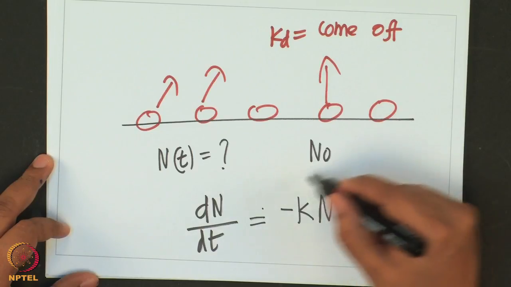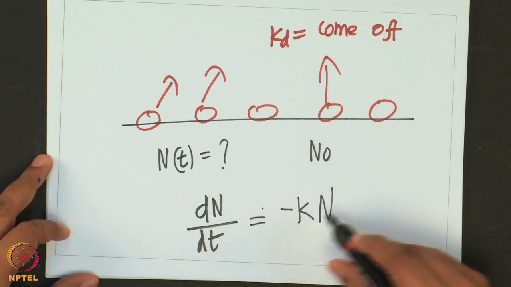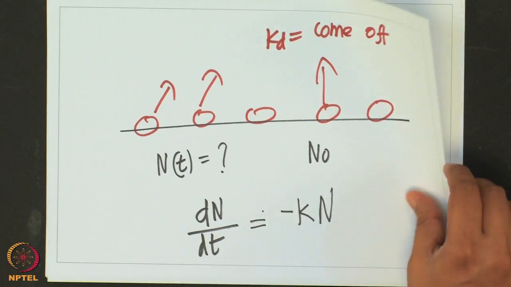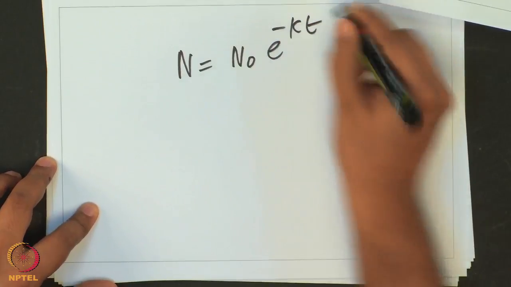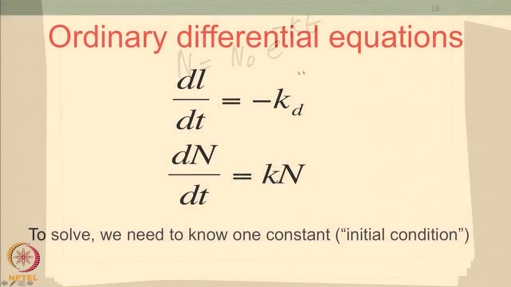So this coming off quantity has to be proportional to n itself, and if I solve this, similarly you would get an exponential decay. You would see that dn by dt is minus kn has the solution n is equal to n0 e power minus kt. So these two are examples of typical differential equations.